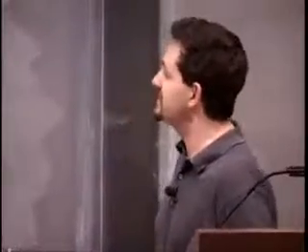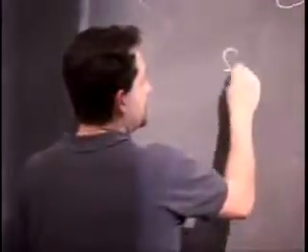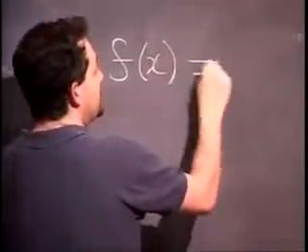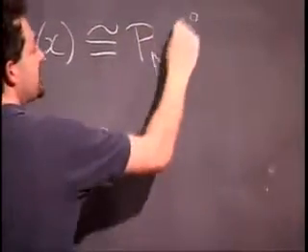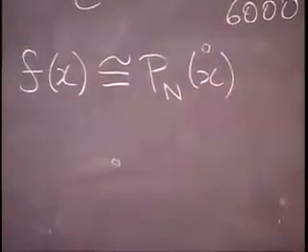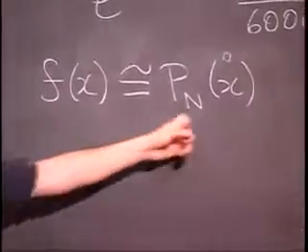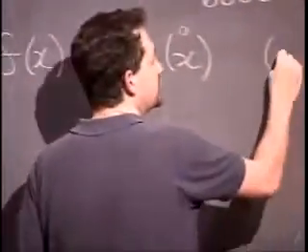Okay, so what I want to tell you is there is a nice formula for the error. It's not exactly perfect in a way because there's something strange about it, but nevertheless it's better than nothing, and it's pretty much the best you can do. So here it is. In general, this is what I like to write. I'm saying that f of x is approximately Pn of x. Pn of x is a good approximation to f of x, especially near x equals a.